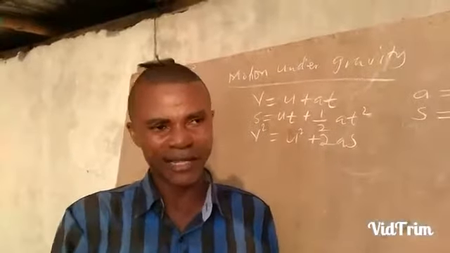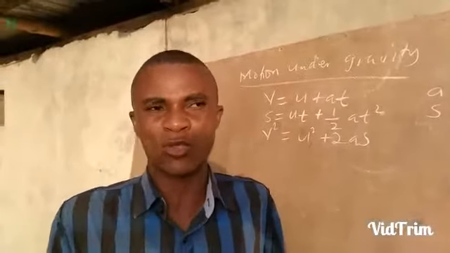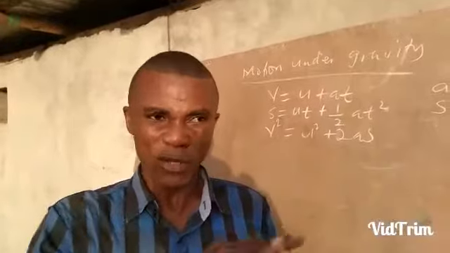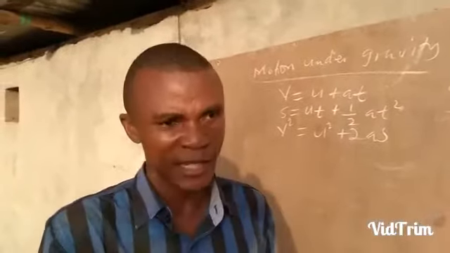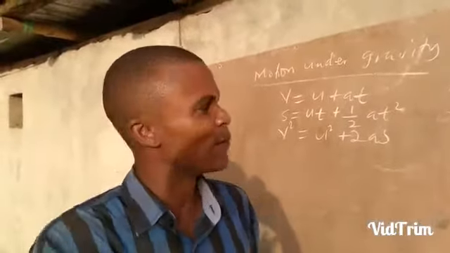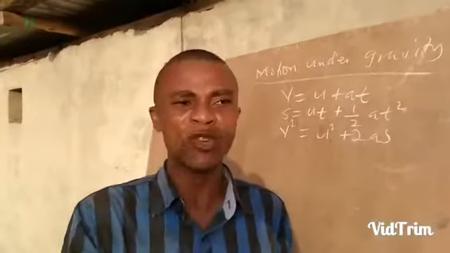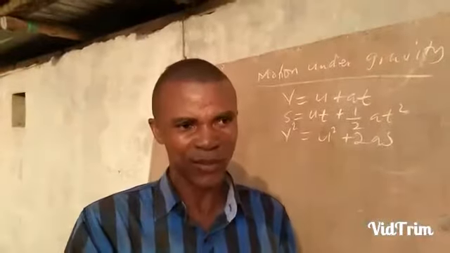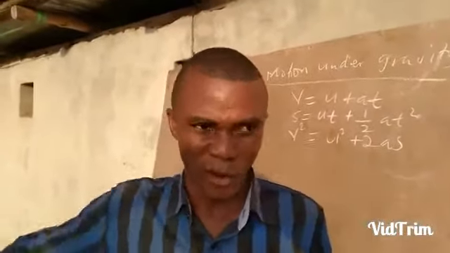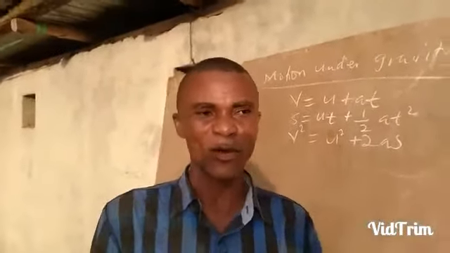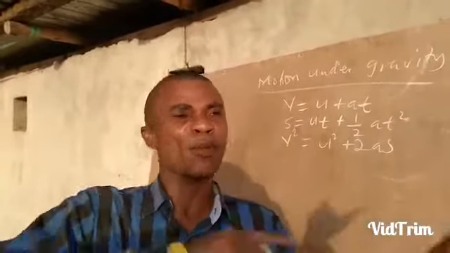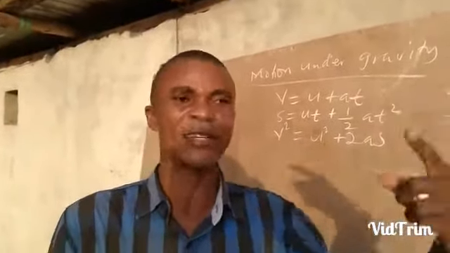A changes to G, the acceleration becomes the gravity, and the S becomes the height. Anytime you are on the ground, you make use of the acceleration. When you go beyond the ground surface, you look at gravity.